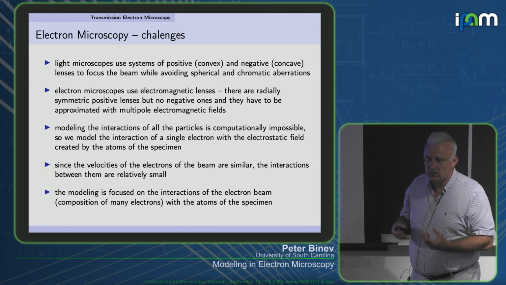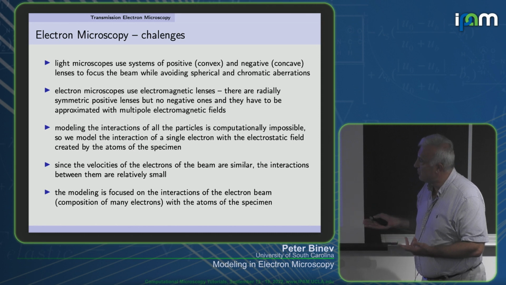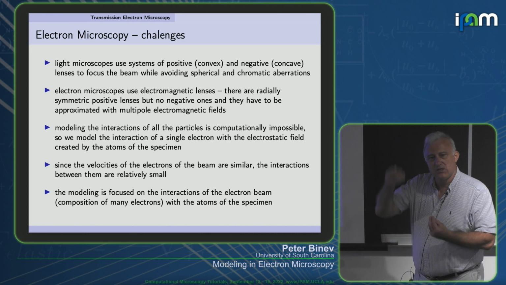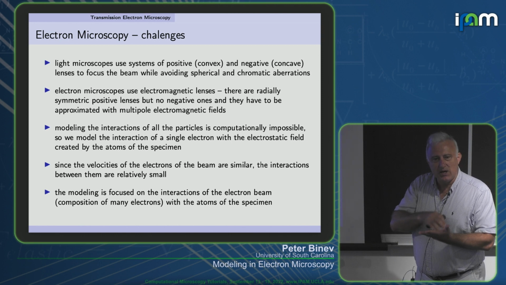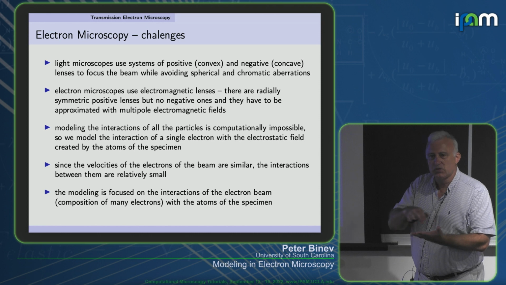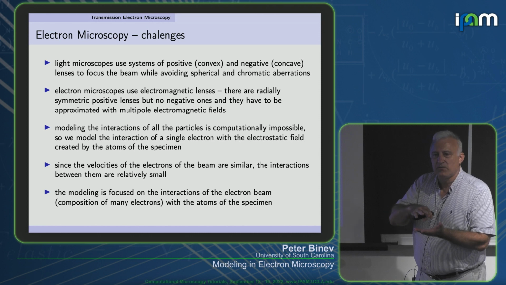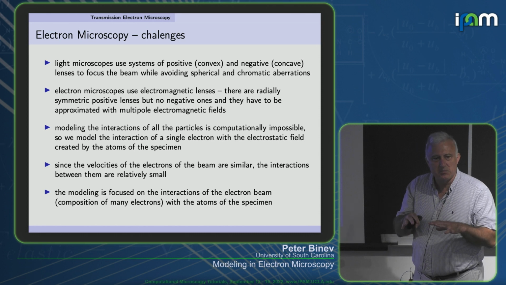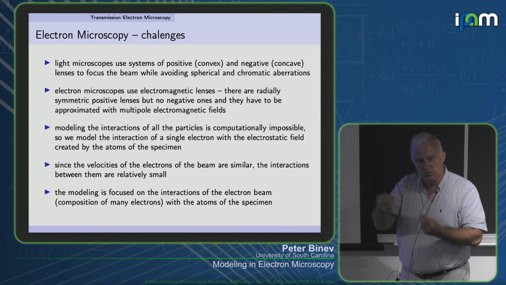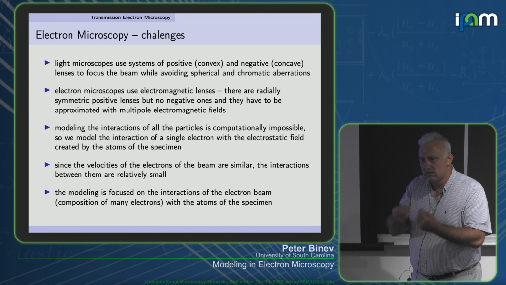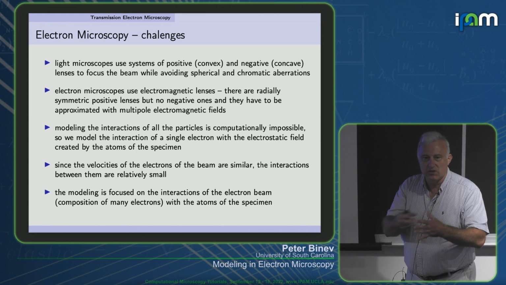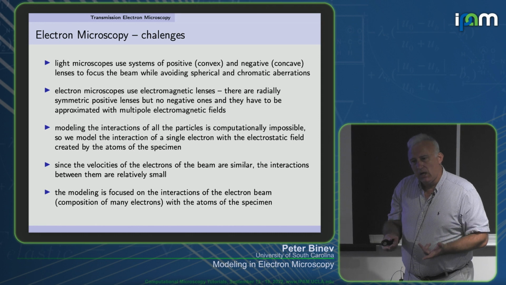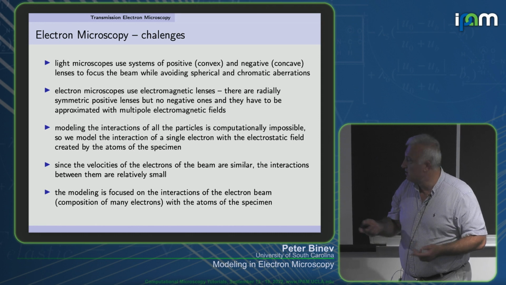So the way we do it is to consider a single electron going through the material and how it interacts, not with all the individual particles, but with the electrostatic field at that place. So we consider the interactions of a single electron with the electrostatic field, and then consider what is happening.